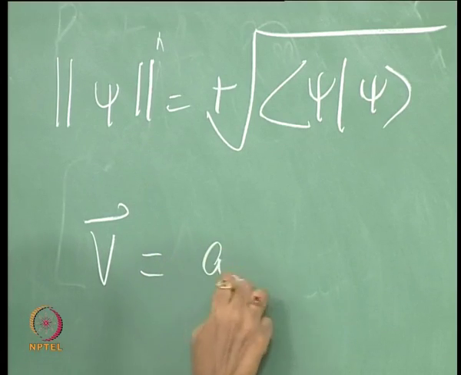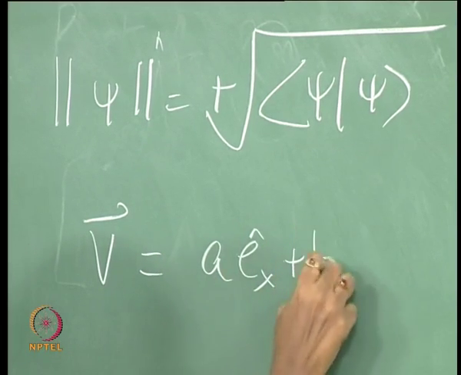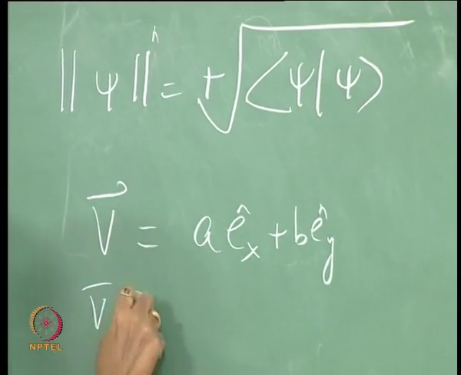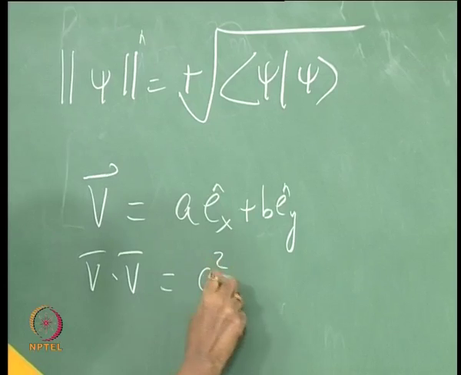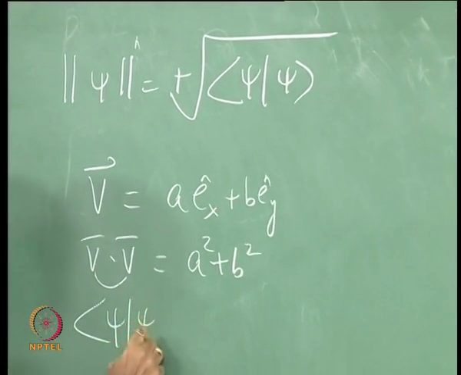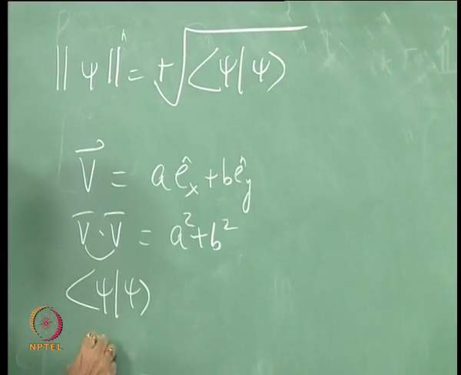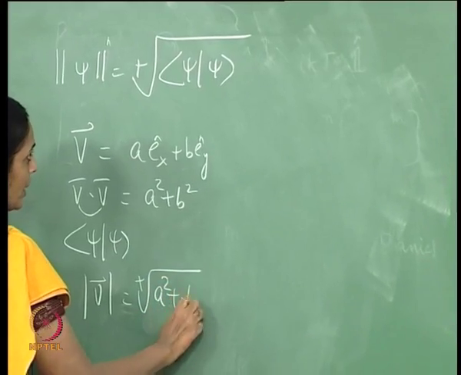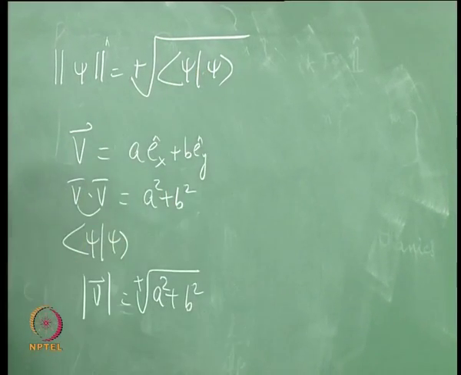Suppose I have a vector a ex plus b ey in 2 dimensions, where ex and ey are unit vectors, then v dot v is simply a squared plus b squared, and this is the analog of psi psi, and therefore the length of v is the positive square root of a squared plus b squared, and that is the analog of the norm.